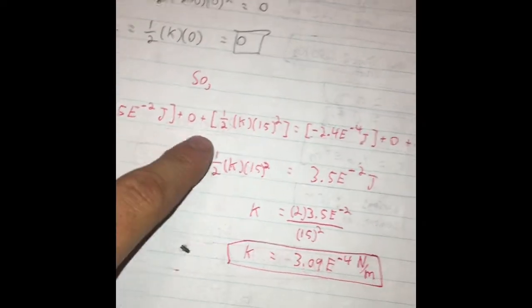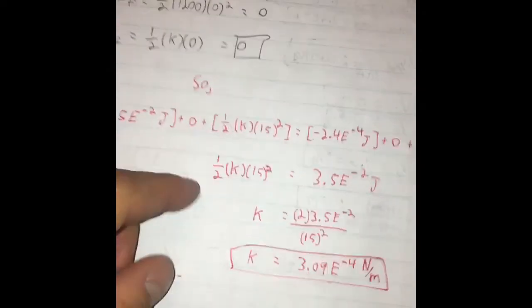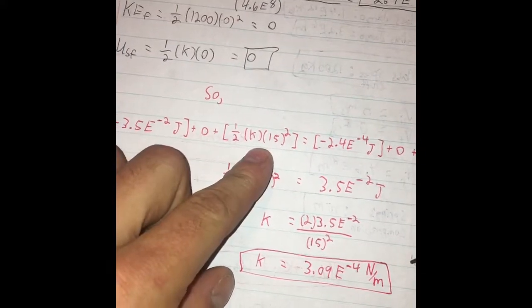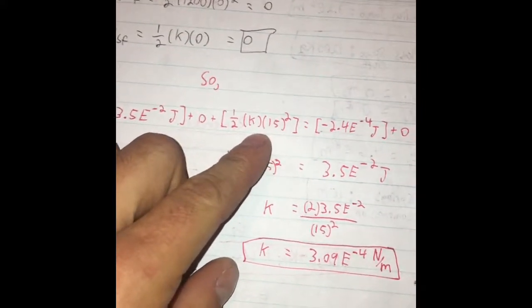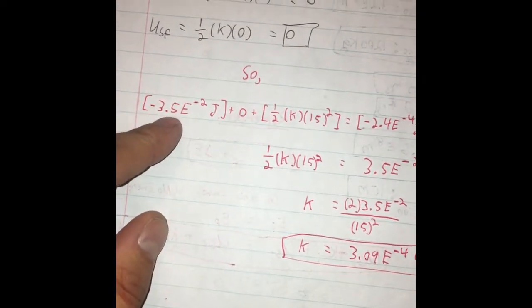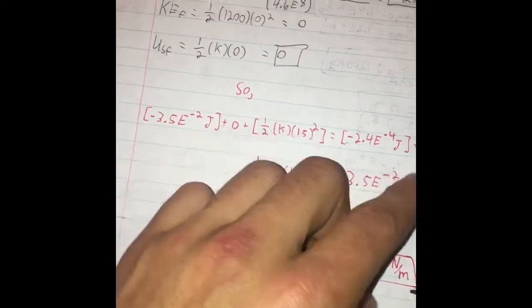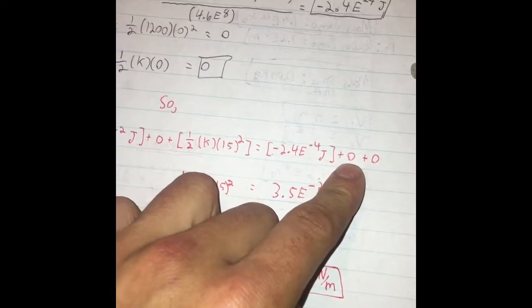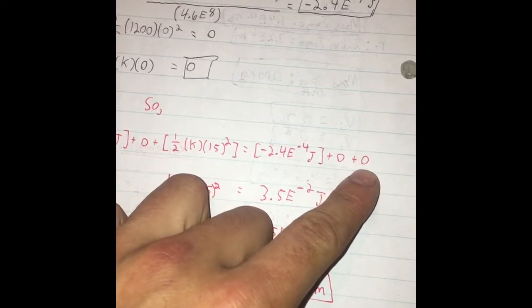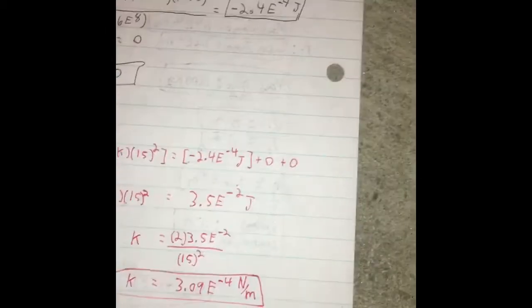So, once we find these, go ahead and stick them into our equations. We have a 0 initial kinetic energy. We have our spring potential energy initially, and we have our initial potential energy from gravity equal to our final potential energy of gravity plus the final kinetic energy, which is 0, plus the final potential energy of the spring, which is also 0.